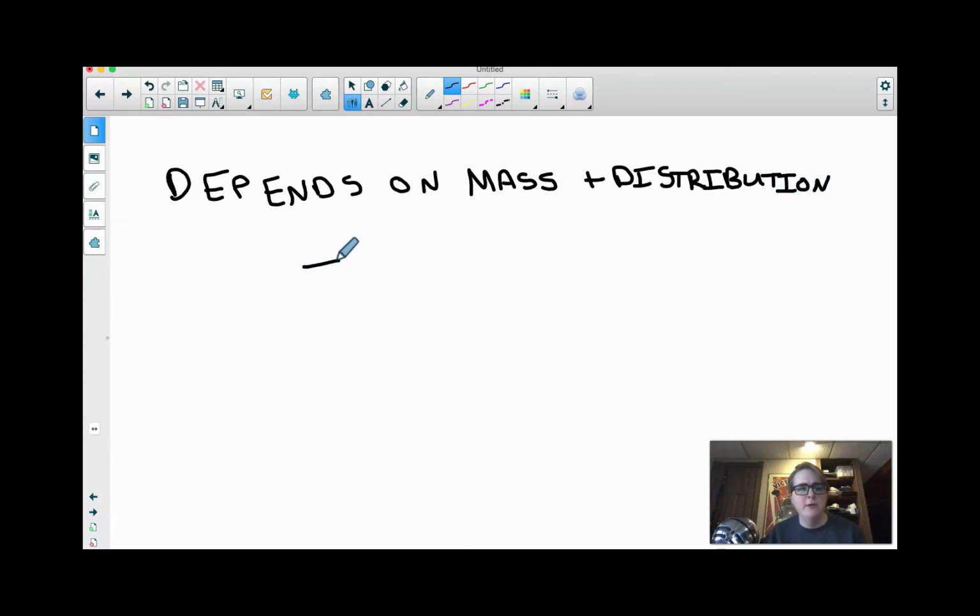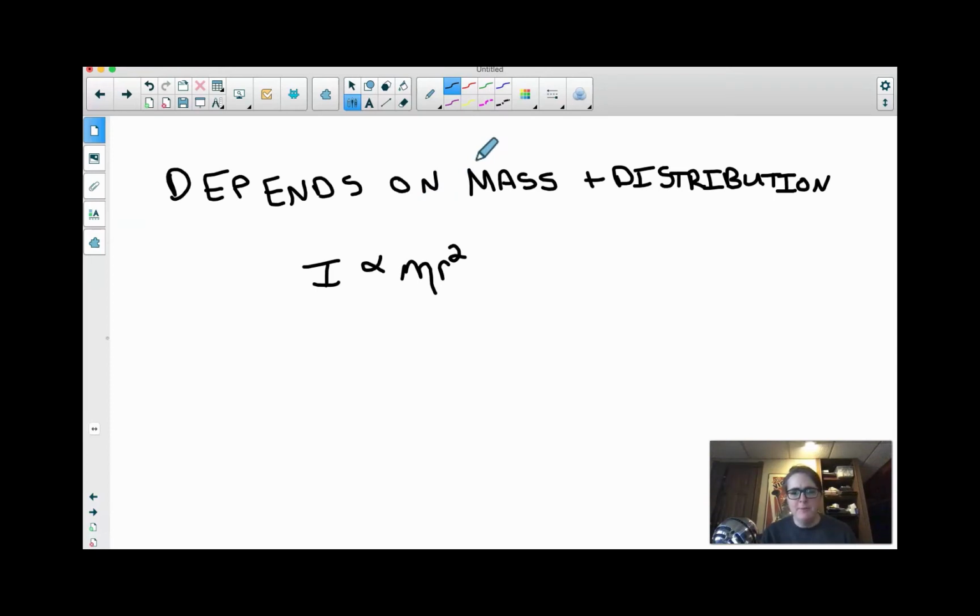Now, in general, rotational inertia, which we're going to represent with a capital I, is related to mass times the radius squared. And that's how we get that unit of kilograms times meters squared.